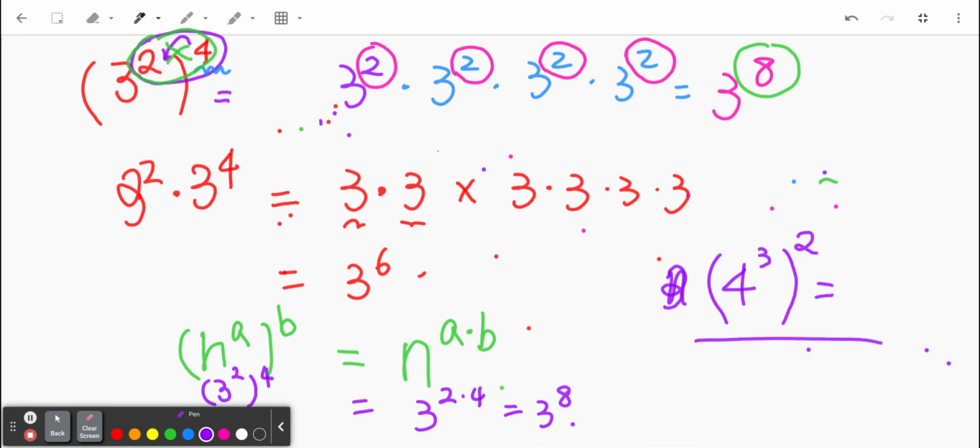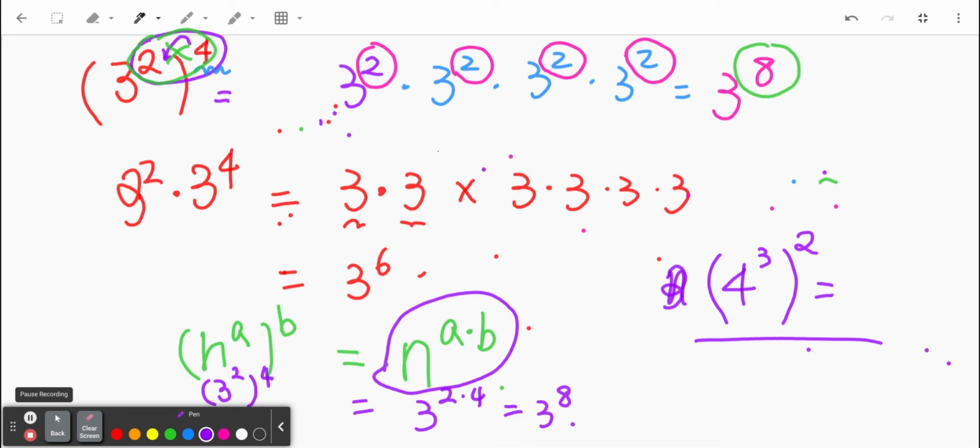Yes, this one. You should have the answer already. So Isabella, what is your answer? Just by looking at it, you can tell me the answer right away. 4 to the power what? Look at this green thing. n to the a to the b is equivalent to n to the a times b.